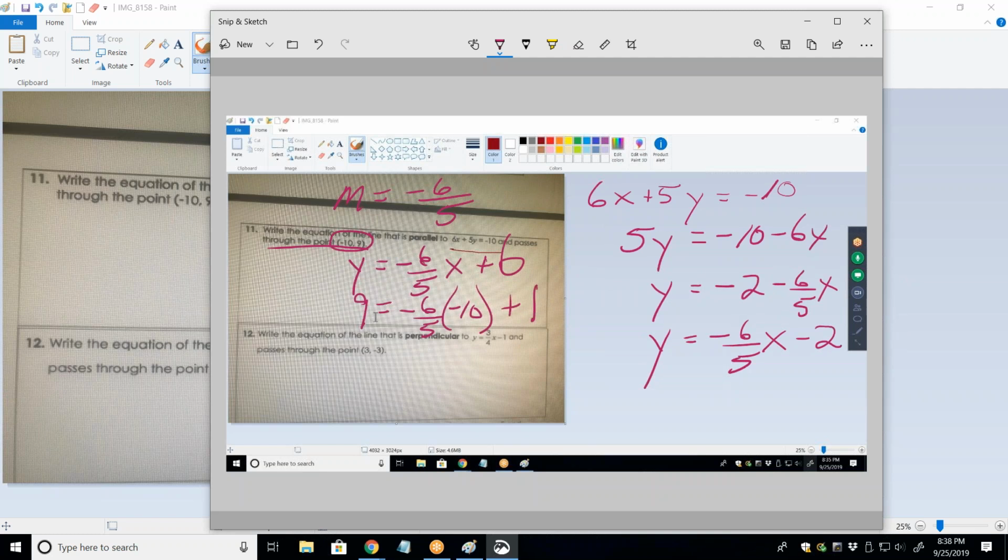Plus b. Or, yeah, that's b. In other words, we're still trying to solve for b. Okay? And if you distribute, you get plus 12, plus b. So what is b? B is negative 3. Okay. So what's our new equation?